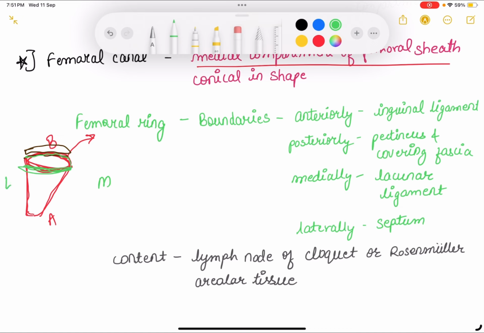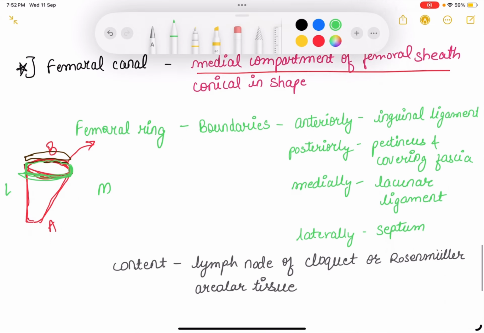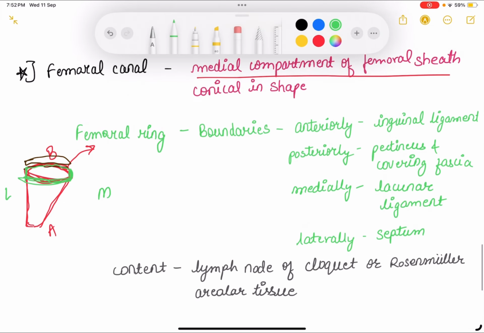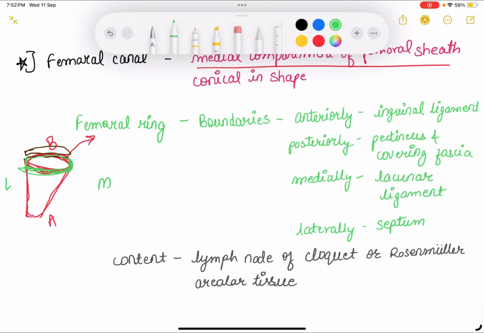Medially we have the lacunar ligament, and laterally we have this septum. So what is the content of the femoral canal? It consists of the lymph node of Cloquet or Rosenmüller along with some areolar tissue.